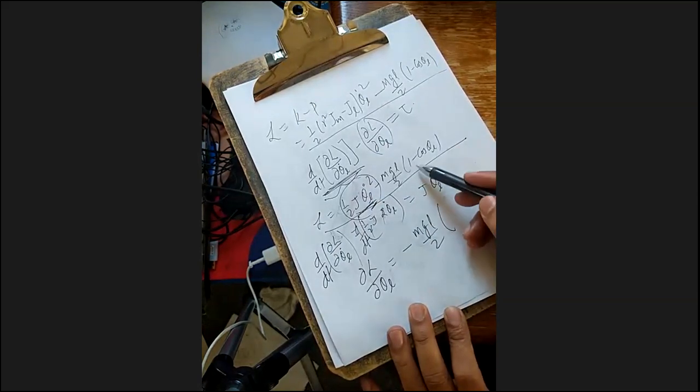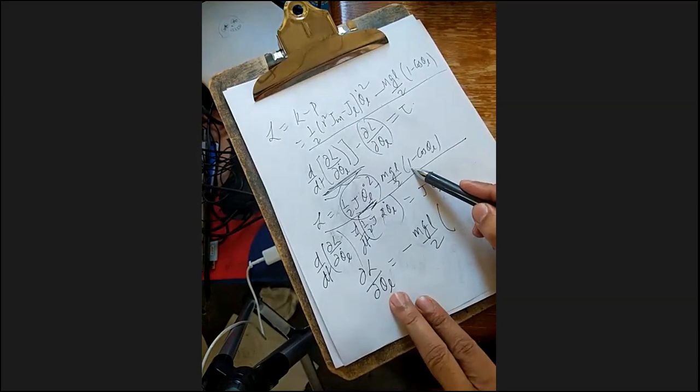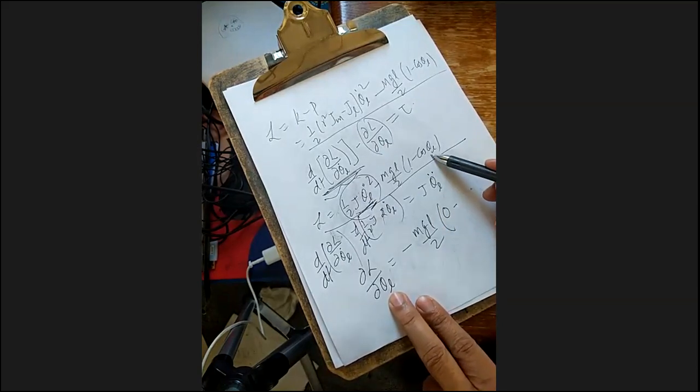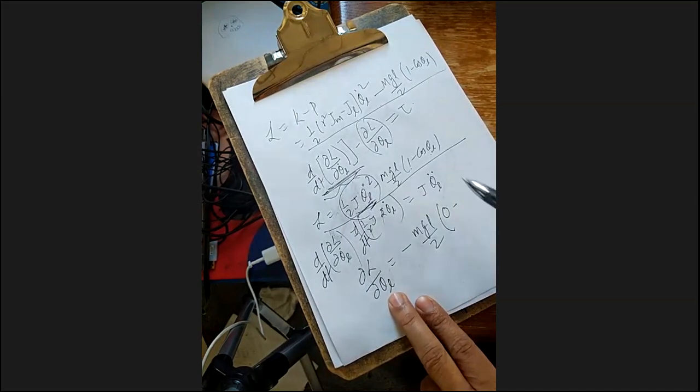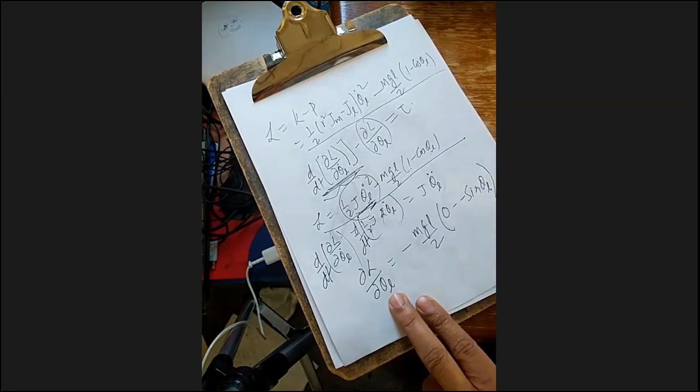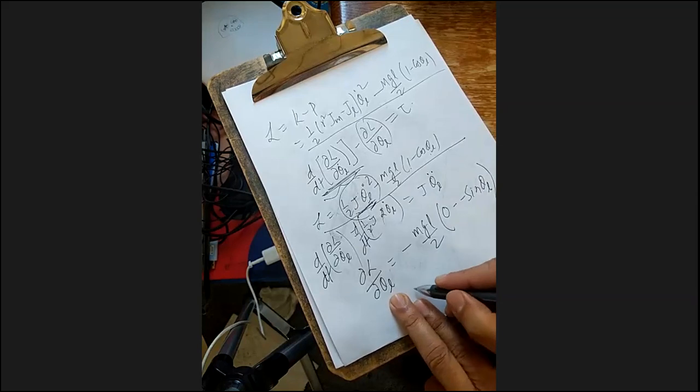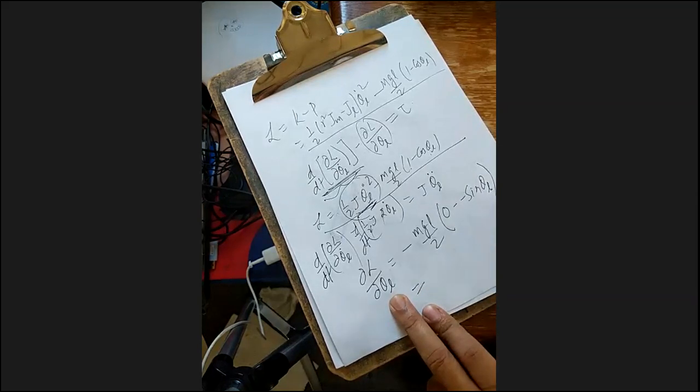The derivative of 1 with respect to theta L is 0. Minus, what is the derivative of cosine theta L? Minus sine, right? So minus minus plus. So mg L over 2 sine theta L.